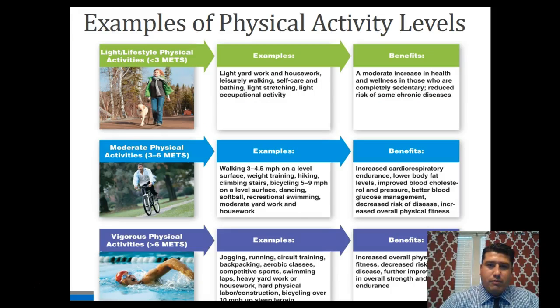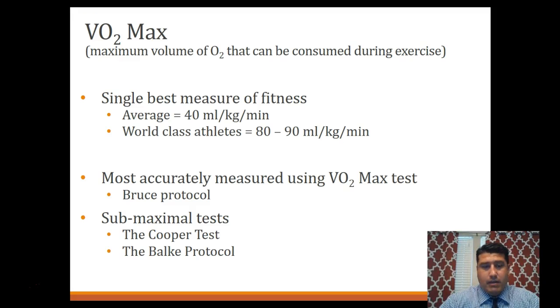For this class, we don't really look at METs, but you can see some examples here of what light, moderate, and vigorous activity is. What I like to use, and even with VO2 max. VO2 max, I said, is one of the single best measures of fitness, but we don't have the capacity on campus to measure VO2 max. So I don't really like using VO2 max.